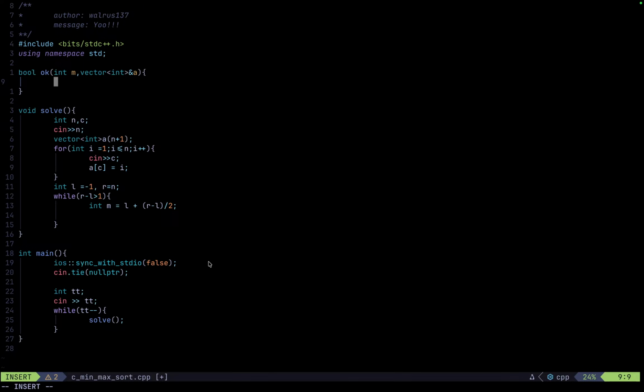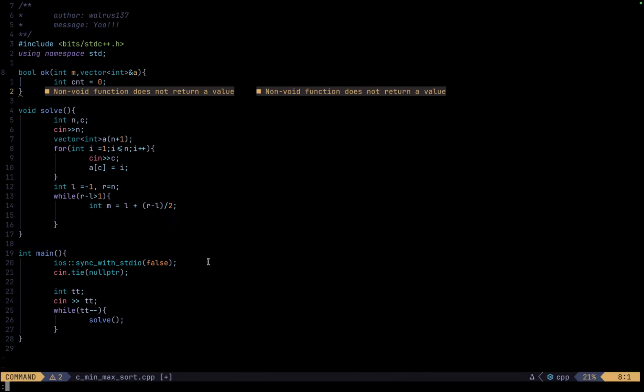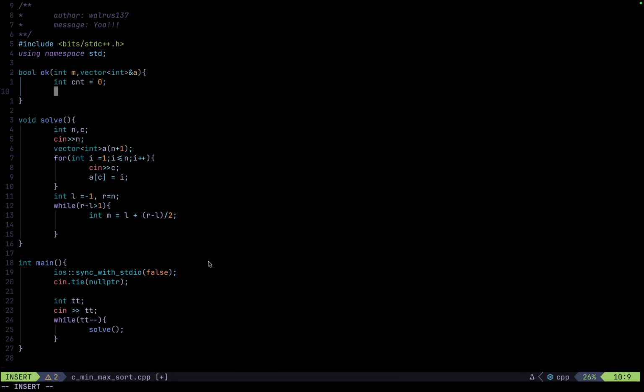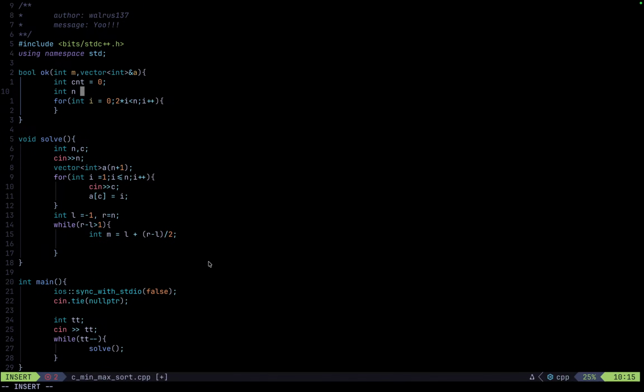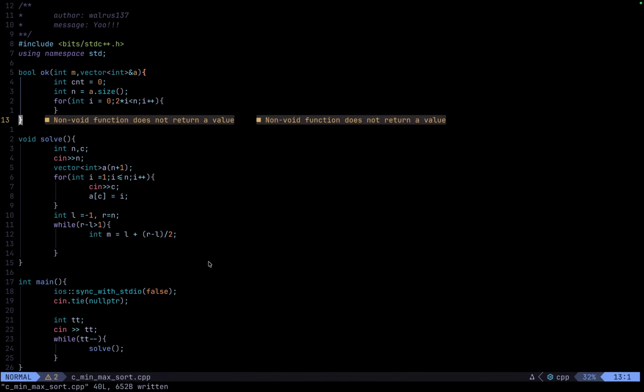Okay, using number M, int cnt equals 0, and we will begin with int I equals 0, while 2 into I is smaller than n, I plus plus. What is n? That is a nice question. A dot size, that is n.